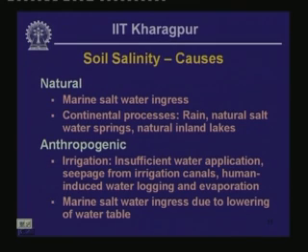For instance, marine salt water could get into the area underlain by fresh water and displace the water table underneath, and this could happen during storm events, or there could be continental processes such as rainfall containing soluble salts, then natural saltwater springs and natural inland lakes. So these are the natural causes of soil salinity.